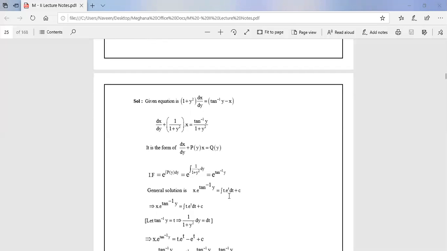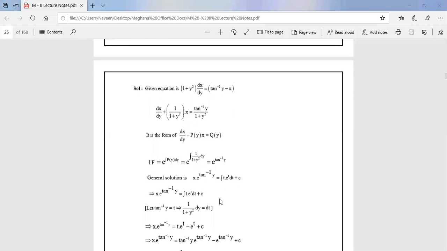But I have written a direct step here by considering tan inverse y is equal to t. If tan inverse y is equal to t, then 1 by (1 plus y square) dy becomes dt. The RHS term becomes integral t into e power t into dt plus c.